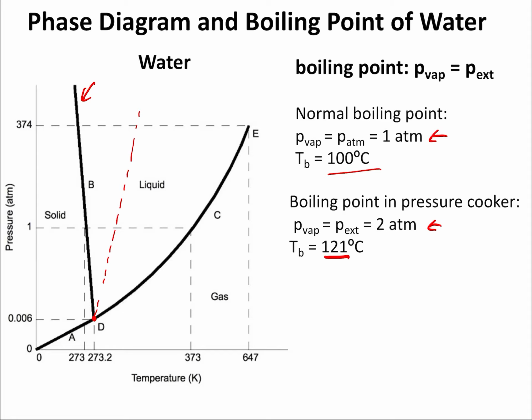And this is codified in these pictures. If we look at 1 atmosphere, the boiling point being right here, 373 Kelvin or 100 degrees Celsius.